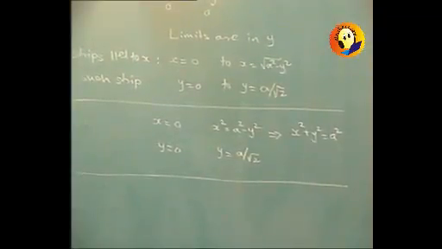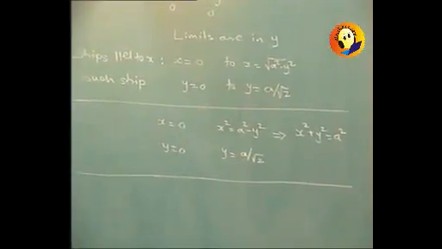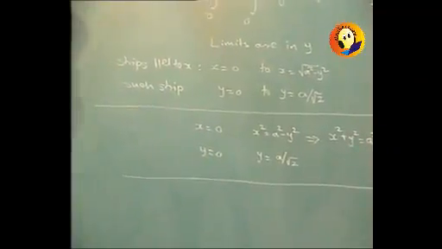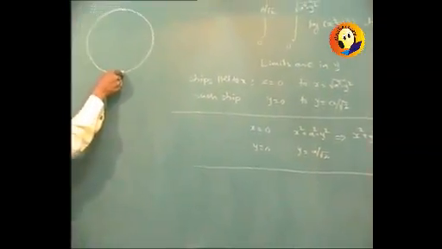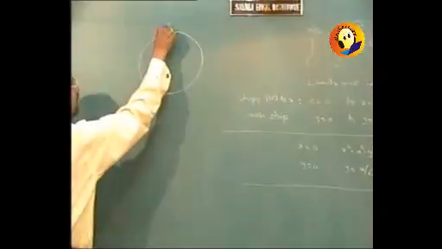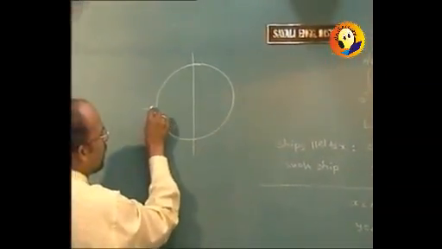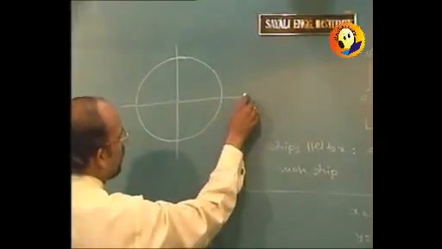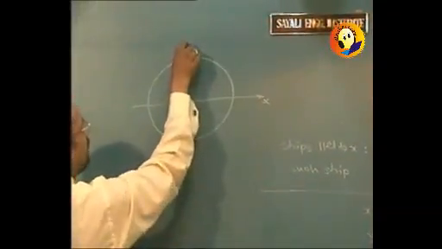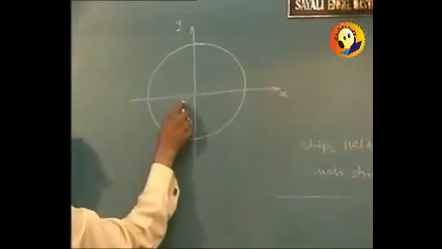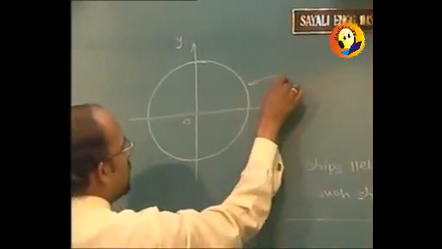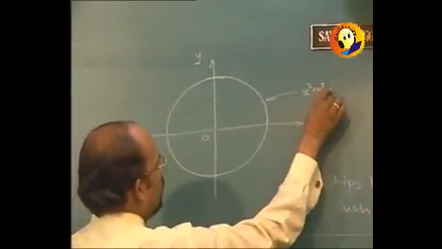One of the major curves over here is again a circle, x square plus y square equal to a square, a circle having center as origin and radius a. So we can draw that circle.